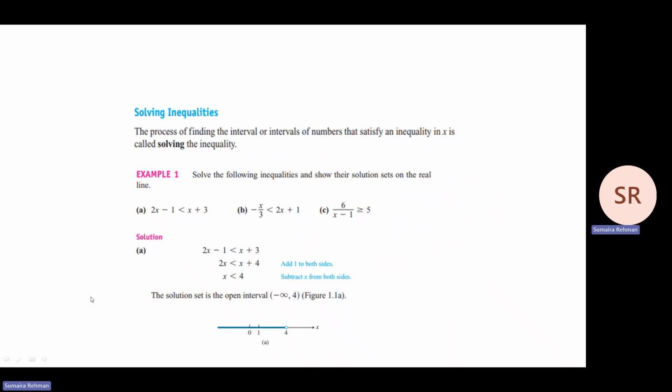I hope it is easy to understand how we shift terms, how we use the rules of inequalities here, and how we can represent the solution on the number lines. All these are important examples, but as they are not very difficult, I hope you can solve and understand them on your own.